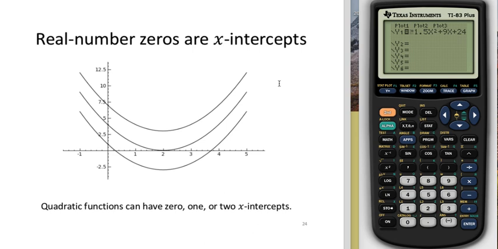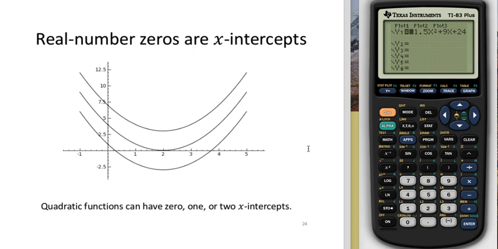Of course, I could draw a similar graph with downward opening parabolas and show that downward opening parabolas can either hit the x-axis twice, one time, or no times. So no matter how you slice it, a quadratic can have 0, 1, or 2 x-intercepts. Those x-intercepts are zeros of the graph, inputs that give an output of 0.